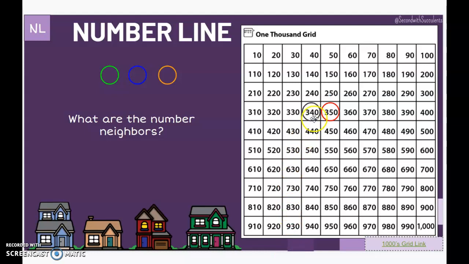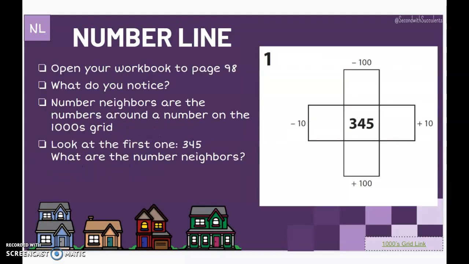Now, our numbers in the tens place changed by 1. If we change our numbers in the tens place by 1 with 345, what number do we get if we add 10 more? What do you think? Show connection if you were thinking 355. Yeah.